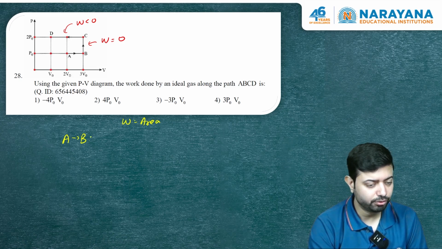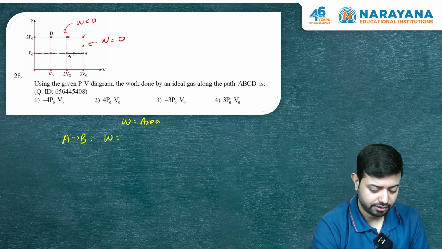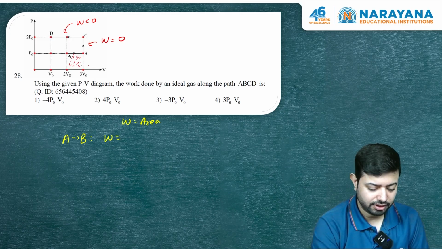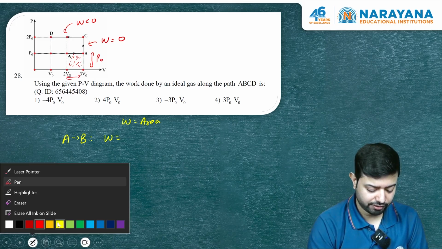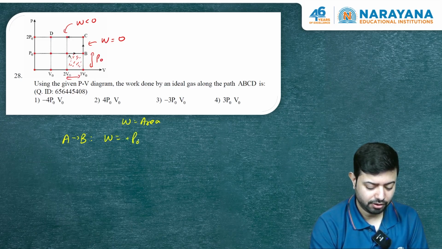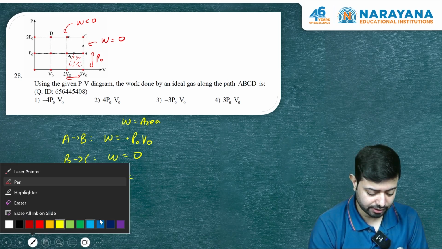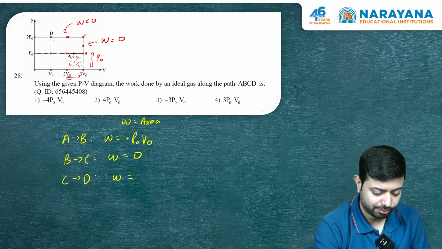During the A to B process, the work will be the area. Which area? Over here, this one area. Let us find out this particular rectangle area. What is the length? It is P naught, and what is the breadth? It is V naught. So, work will be plus P naught V naught. Then from B to C work is 0, and then from C to D let us find out the work, which is the area over there.